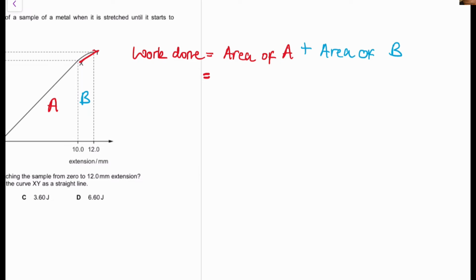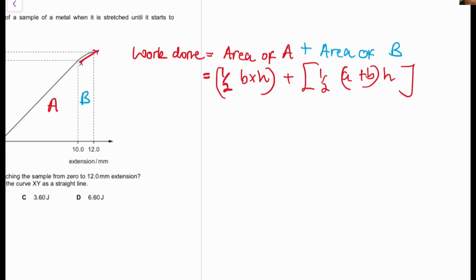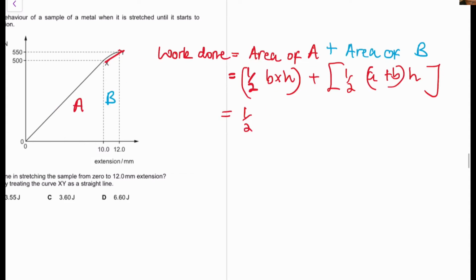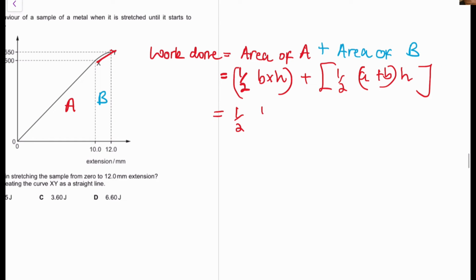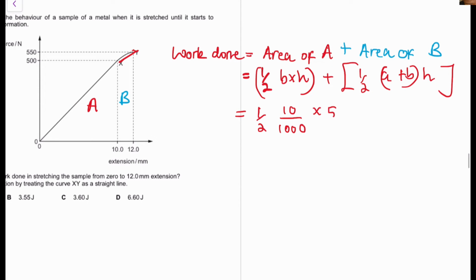So the area of A is going to be 1/2 base times height plus 1/2 (a + b) multiplied by h. So that's going to be 1/2. The base is going to be 10 over 1,000 times 500.